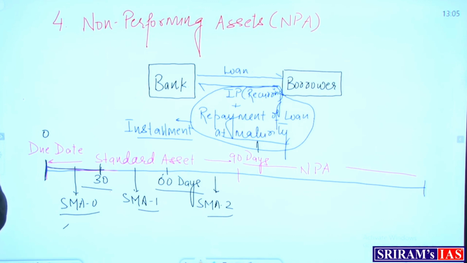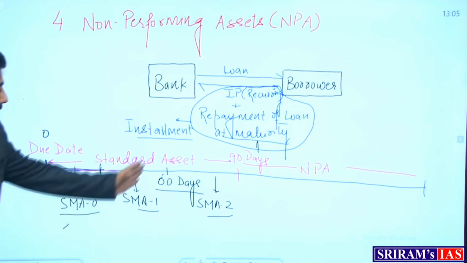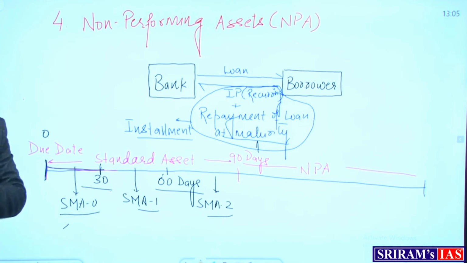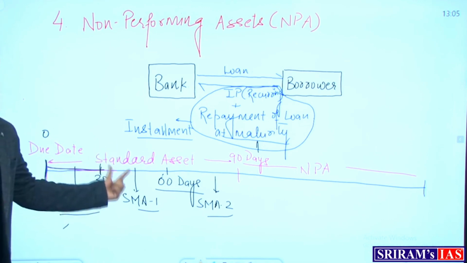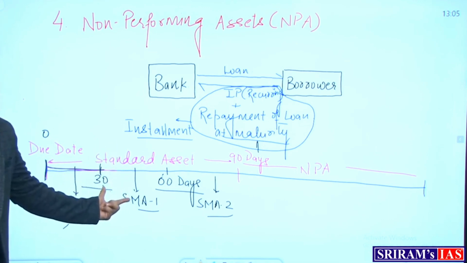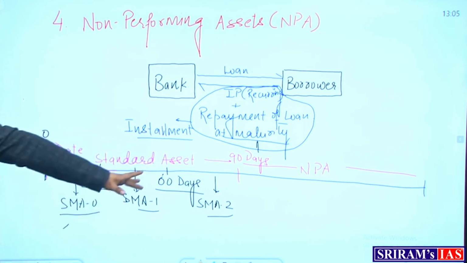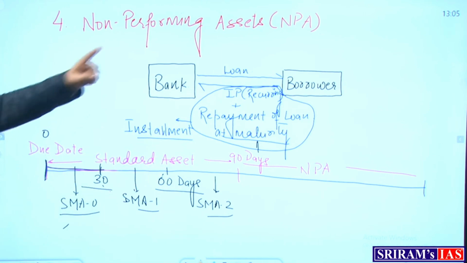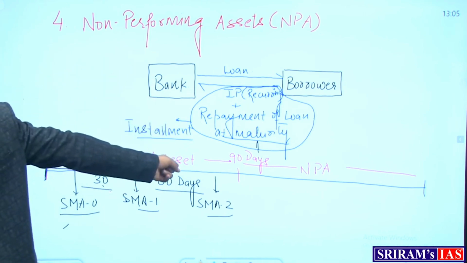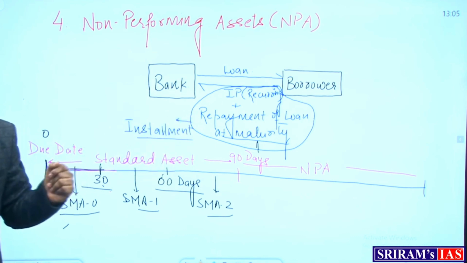I'll talk about that. So to avoid that, it is very important for the banks to keep their assets as standard assets and take corrective measures so that they don't turn into NPA. Because if it turns into NPA, it is going to be harmful for the banks only. You will realize very soon why.